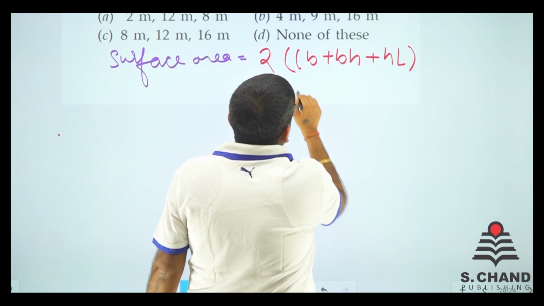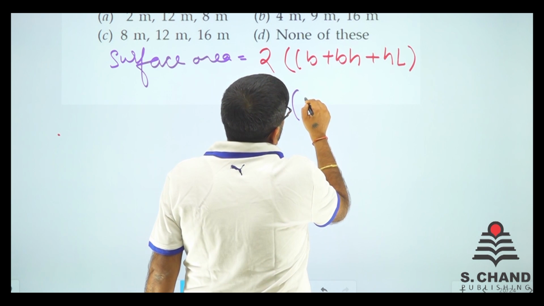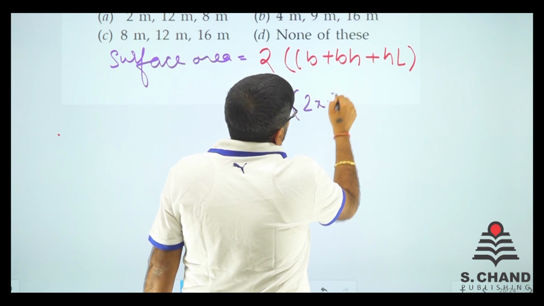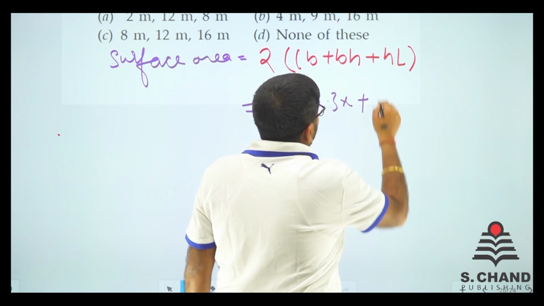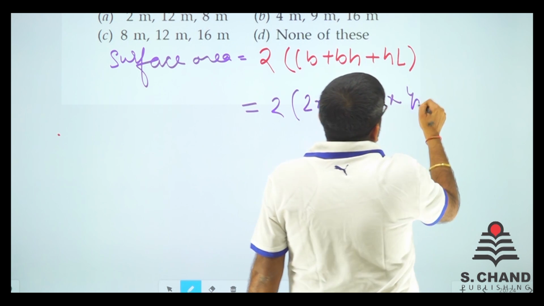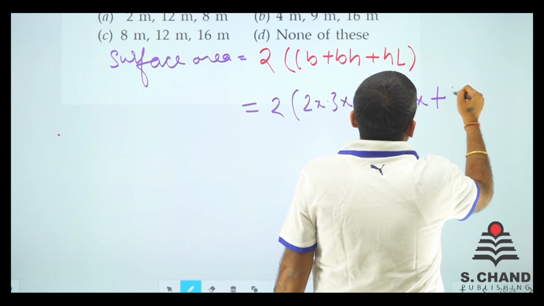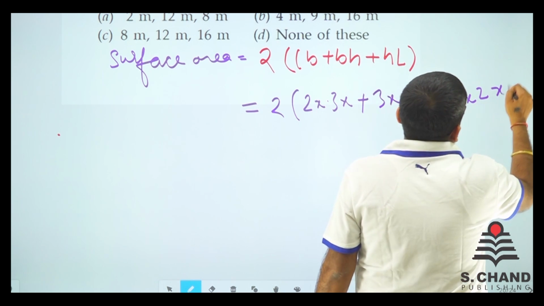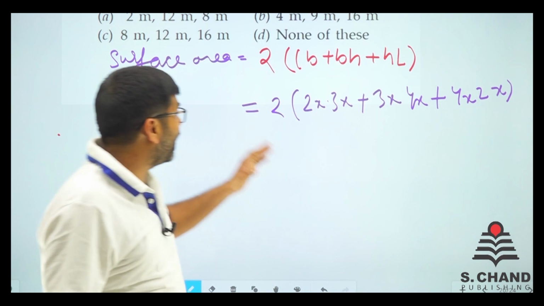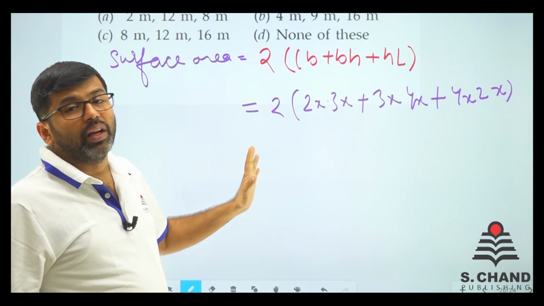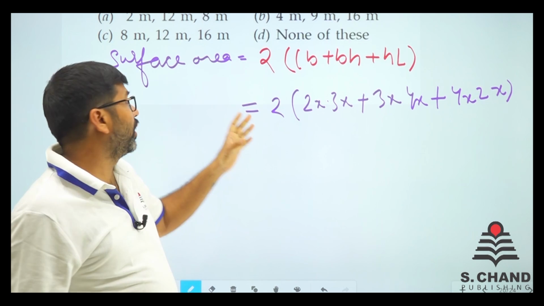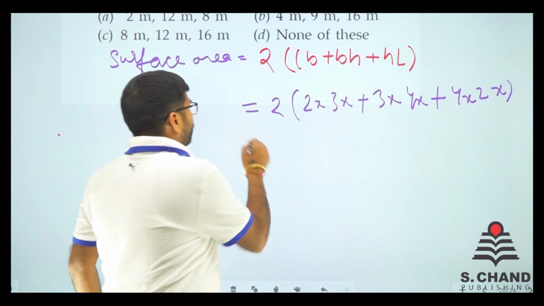So here we go. Surface area is 2 into. Now L into B. So length into breadth is like 2x, 3x plus 3x, 4x plus 4x, 2x. This is the actual formula for the surface area.